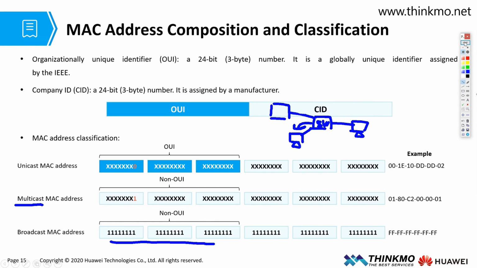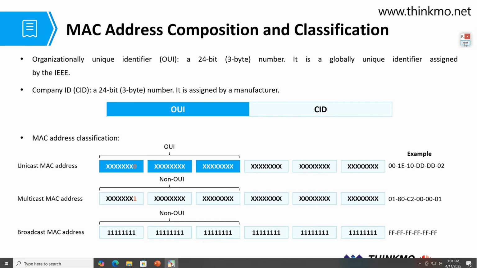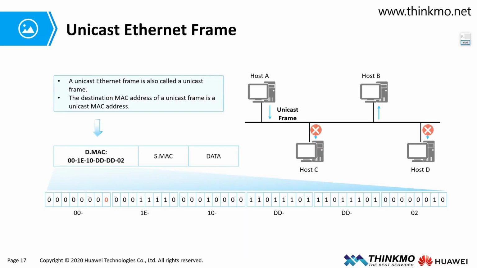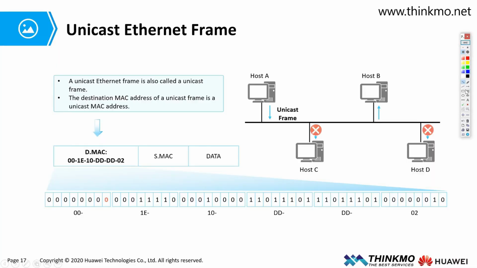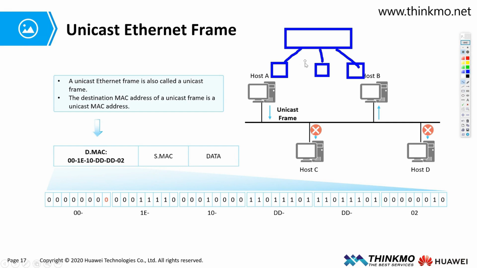If we convert this to network devices, let's say we are now in a unicast. I have a switch with several devices connected below it, namely PC1, PC2, and PC3. Each of them is connected to the switch. Let's say I am PC1, and I want to send data only to PC2.